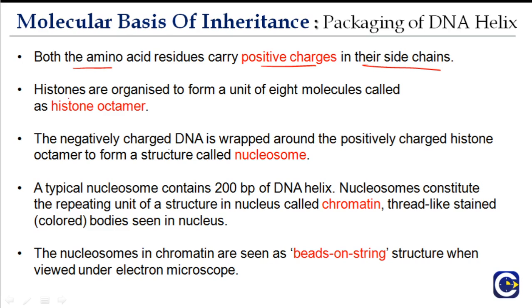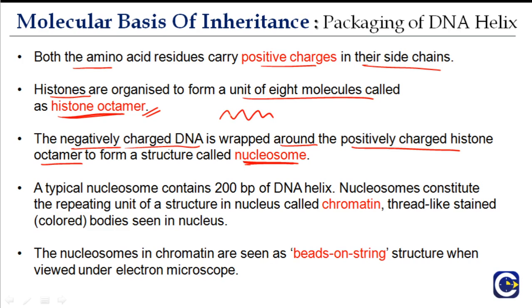Now we talk about histones. Histones are organized to form a unit of 8 molecules called the histone octamer. We'll see what a histone octamer is in a moment. The negatively charged DNA is wrapped around the positively charged histone octamer to form a structure called a nucleosome.